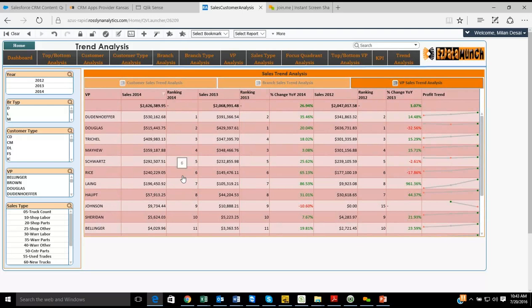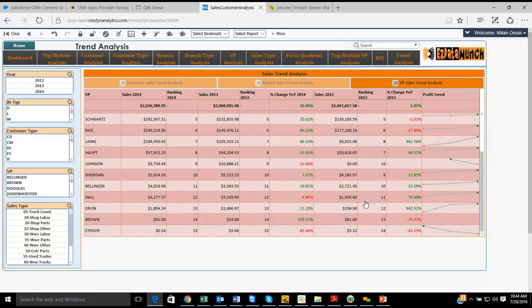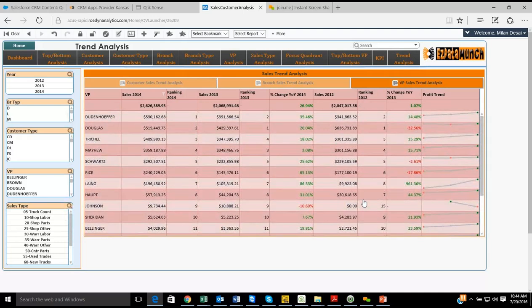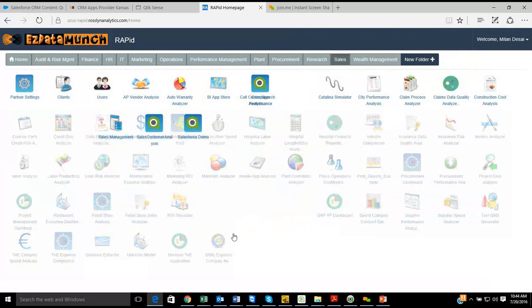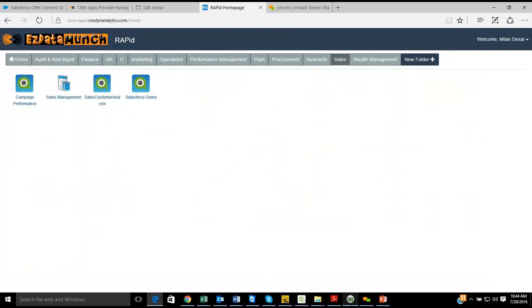As you can see, Dornhofer, Douglas, Trishul are typically consistently high performers over the last many years, but then there are consistently low performers, especially. And you want to figure out why they are not performing well. Is there a way that you can do something for them so that they can perform better? So this is an example again of how you analyze campaigns, sales, and customer data.